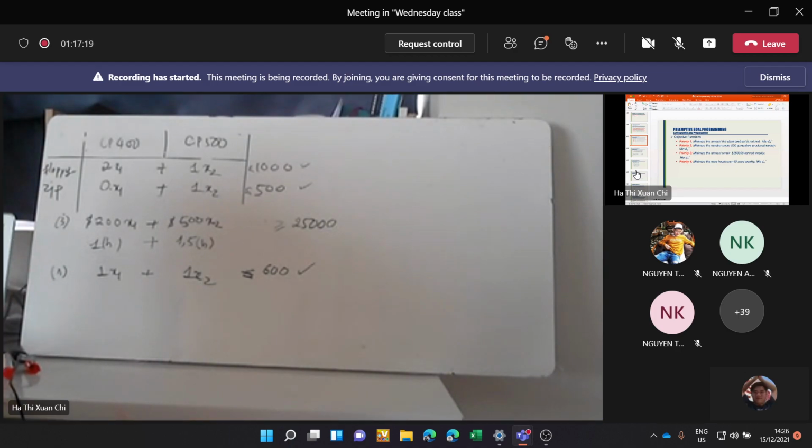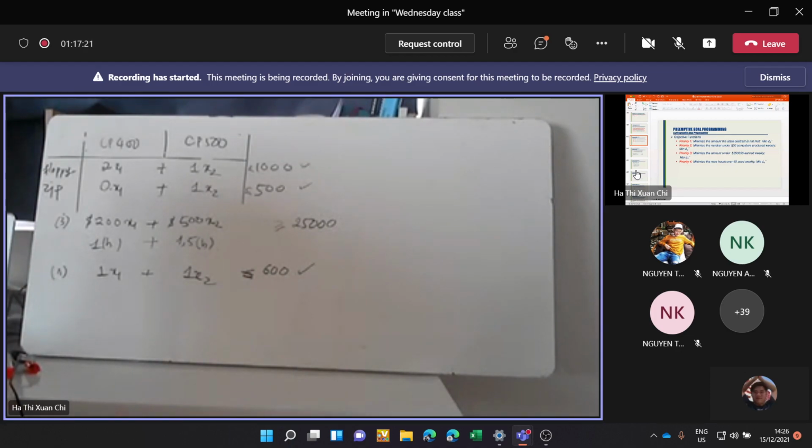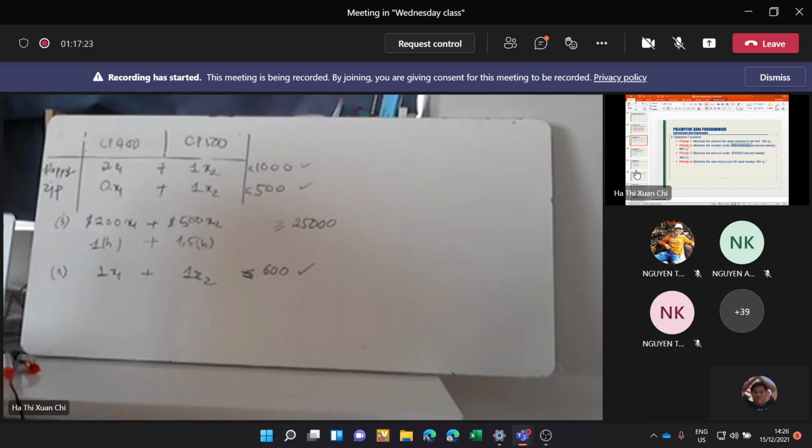So minimize under virus computer quickly.